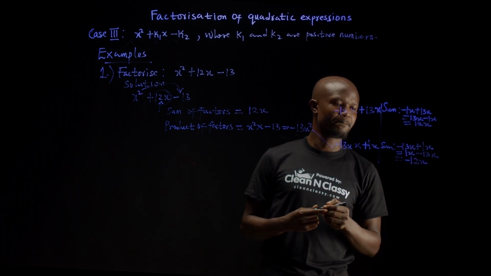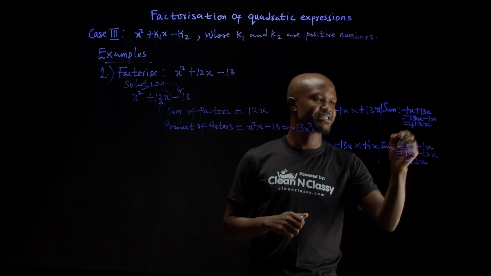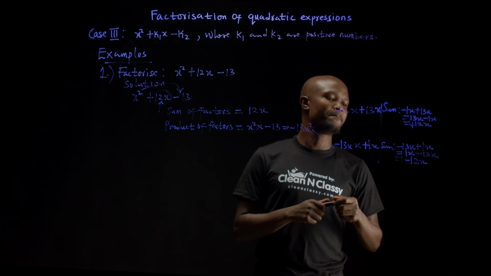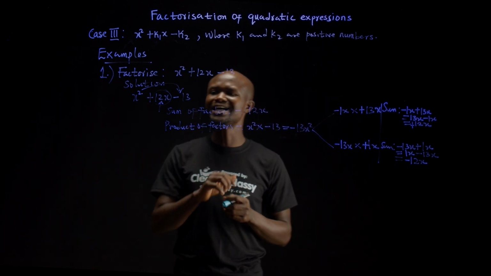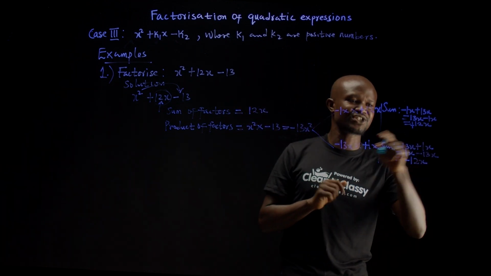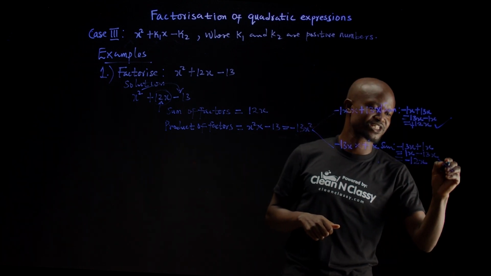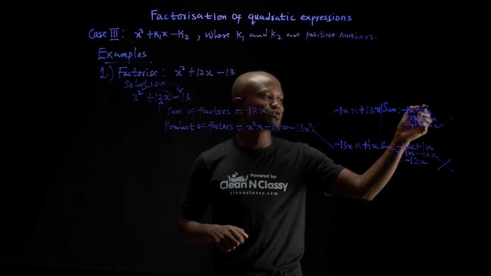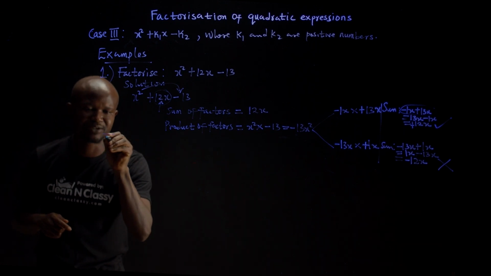Here this one is plus 12x, and we have minus 12x here. Looking at the sum condition, the one that satisfies the sum condition is the first one, while the second one does not. So in this case, this will now represent our middle term.